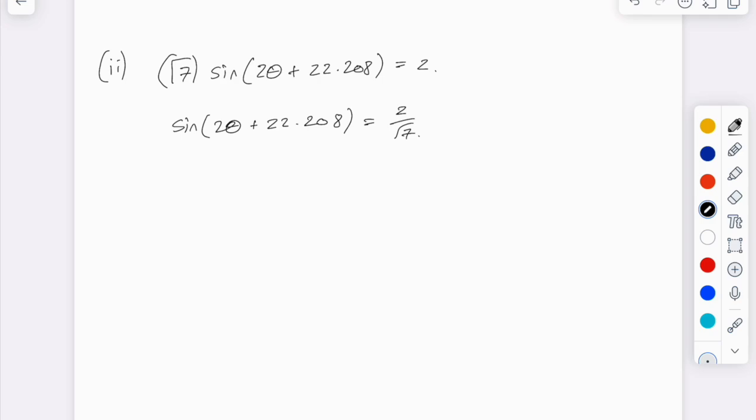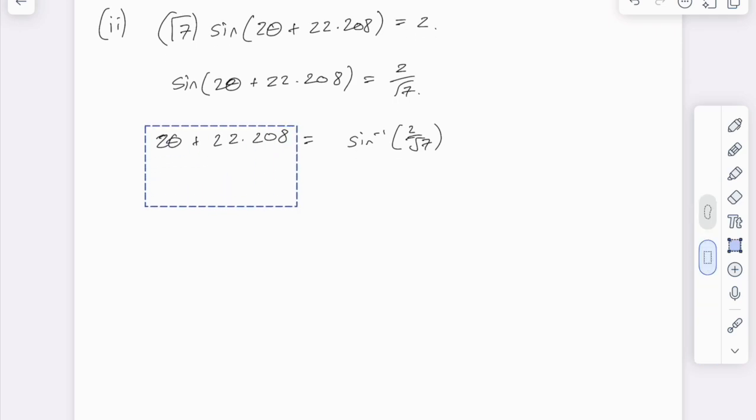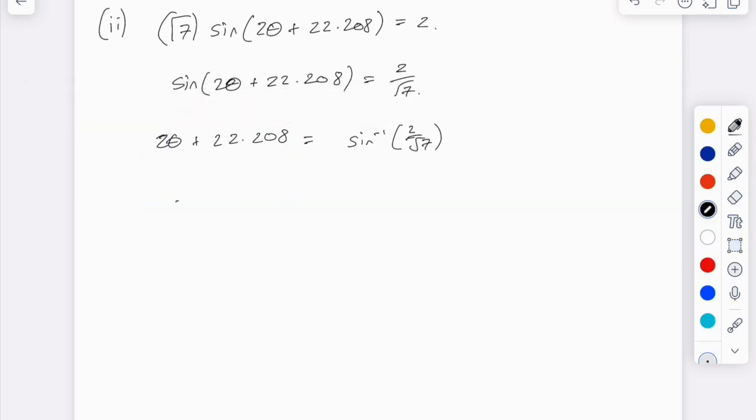And what can we say? Well, 2 theta plus 22.208 is going to equal arc sine of 2 over root 7. Okay, we know that. Which means that it's going to equal 49.107 degrees.